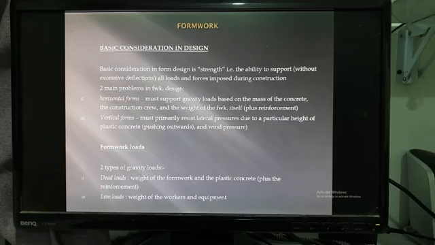It does not deflect as much. Usually the issues of deflection happen to the horizontal formwork because the gravity load that acts upon it is a lot more compared to vertical formwork.